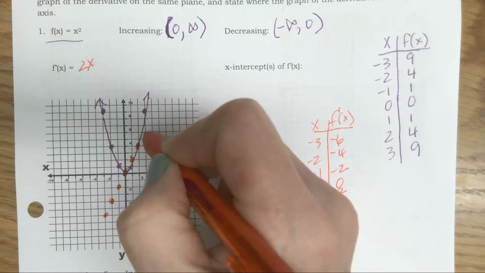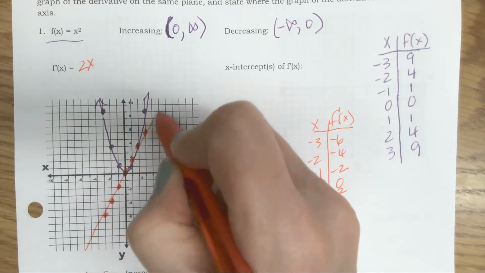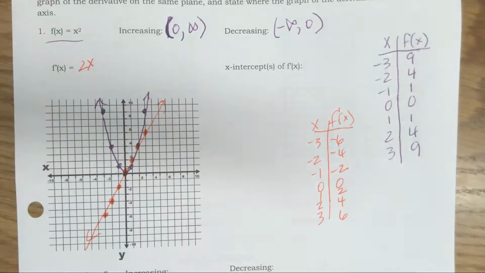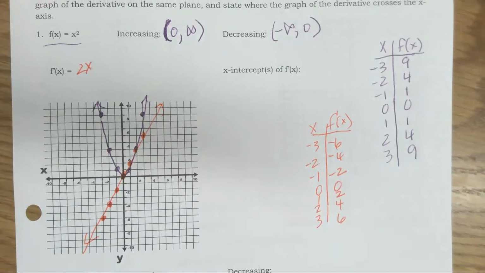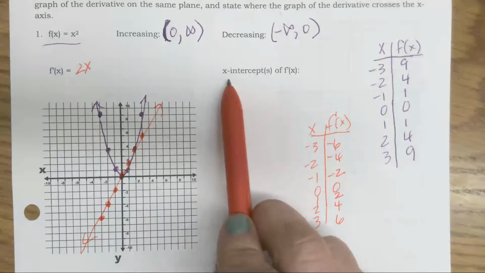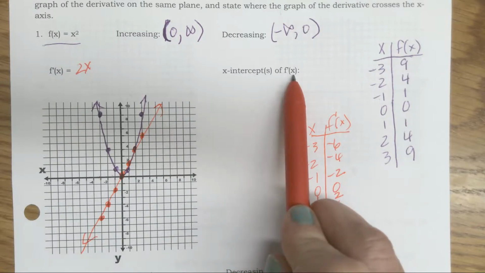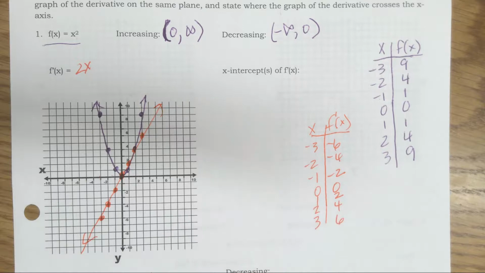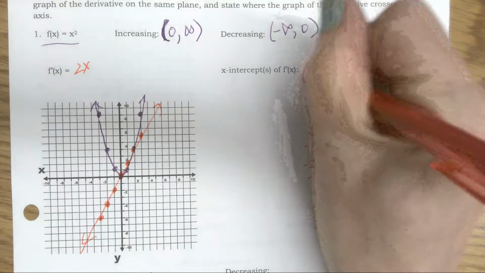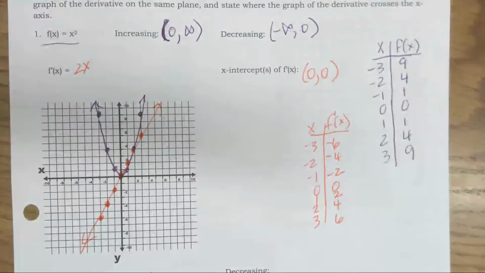And that one's a line, so I will sketch that. And it asks me for the x-intercept of f prime. Where does it cross the x-axis? At 0, 0. All right, I'm done with that particular problem.